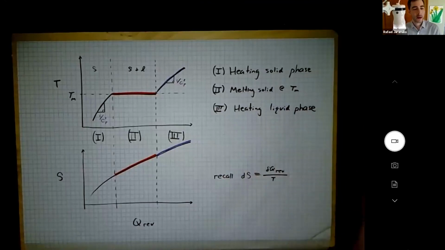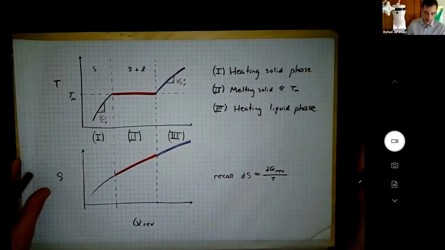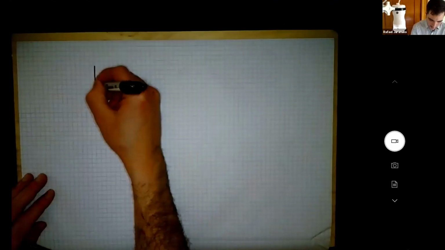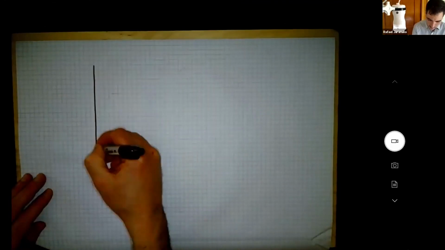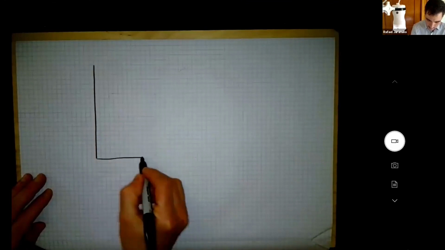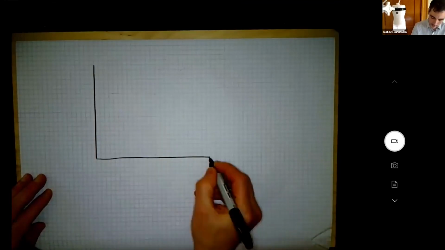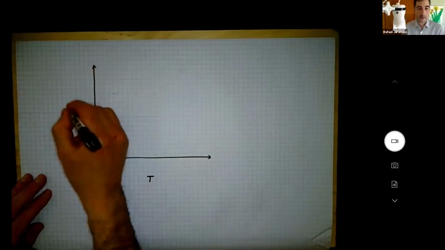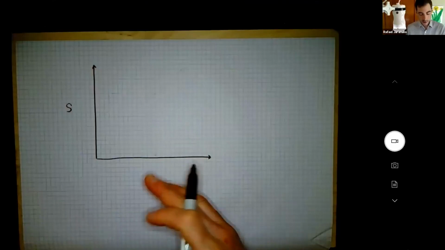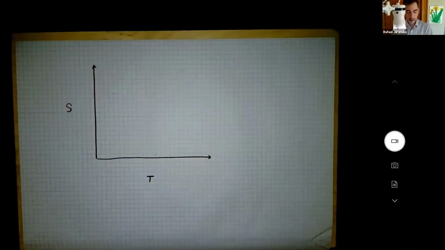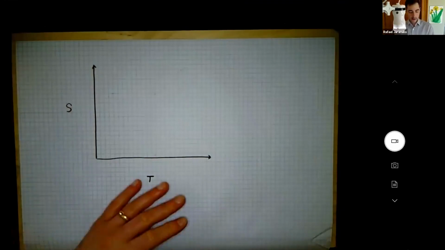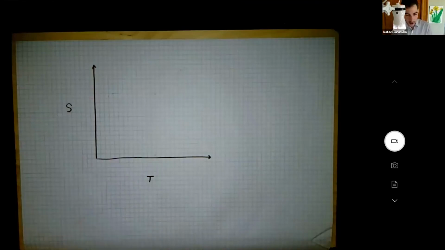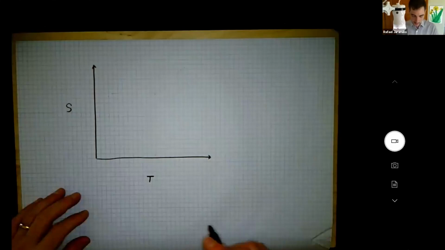Now let's draw another plot. Before I had Q as my control parameter. It's like you're burning fuel, and that's the control parameter. But now I want to parametrically plot two dependent parameters, S versus T. So I'll start you off here.